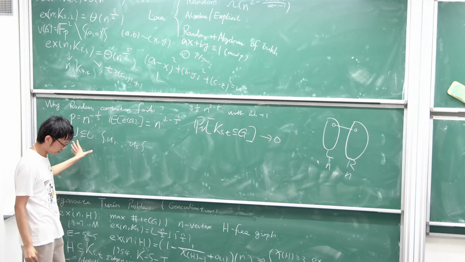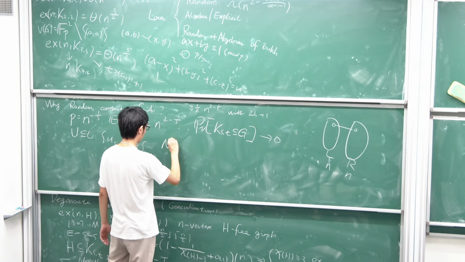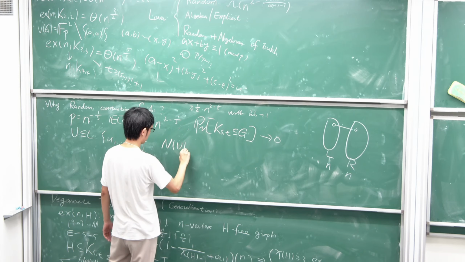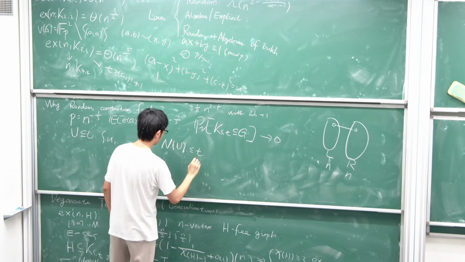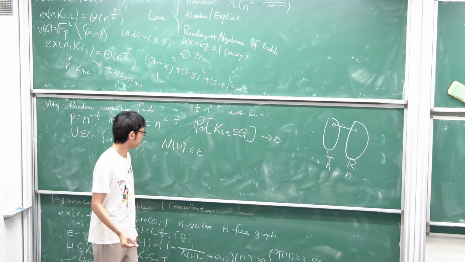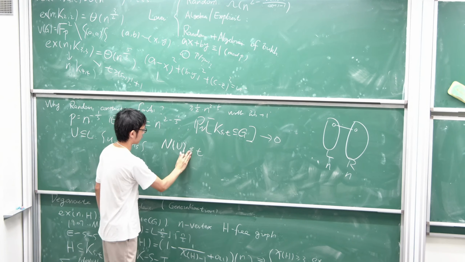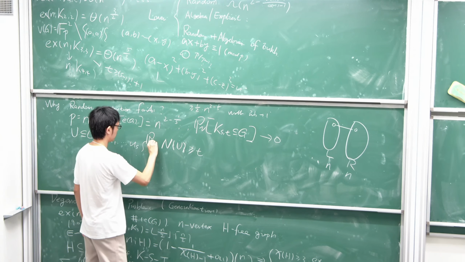So for any fixed s vertices, we want to upper bound the number of these.